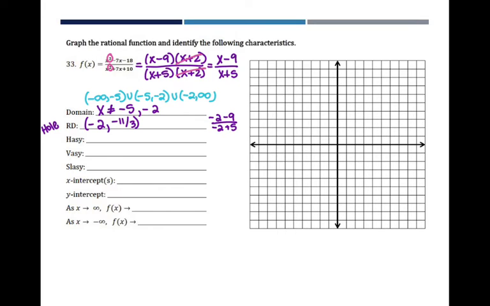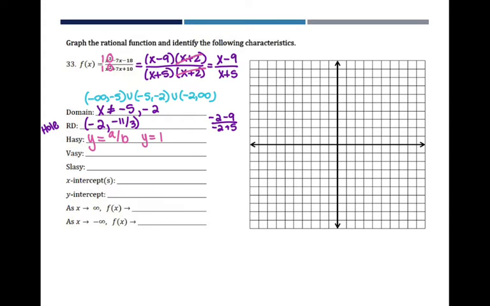If your degrees are the same, your horizontal asymptote is going to take the form of y equals a over b. But what the heck is a and b? A and b are your coefficients for your numerator and your denominator. So my numerator has a coefficient of 1, and my denominator has a coefficient of 1. So it's 1 over 1, or just y equals 1.